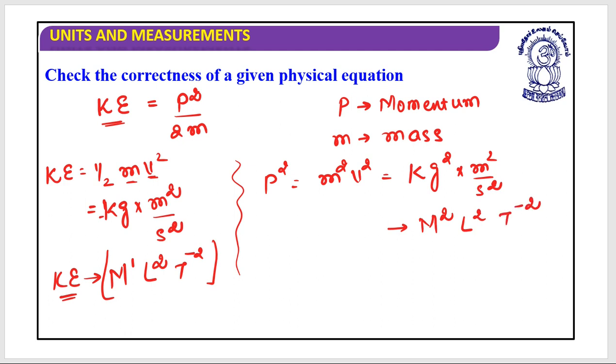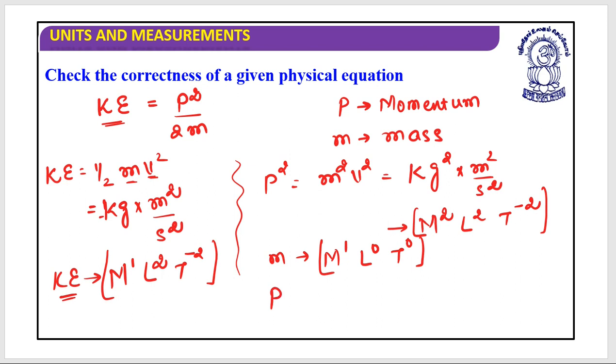And next would be the mass. Mass is M1 L0 T0. So this is the dimensional formula of mass, and this is the dimensional formula of p square.